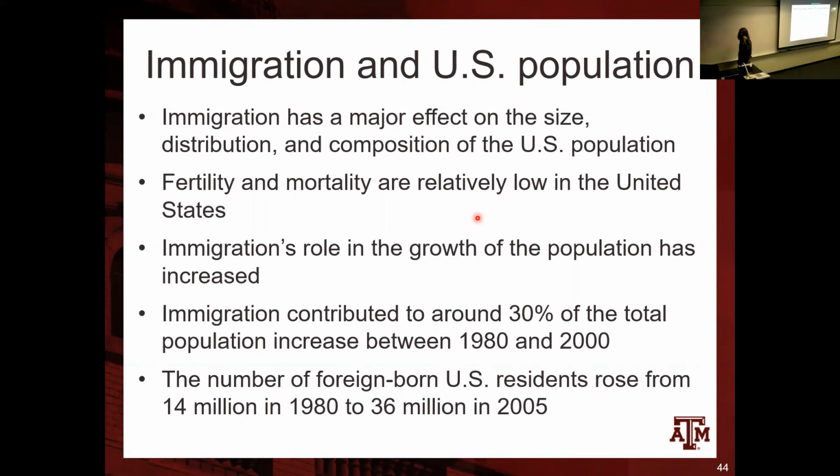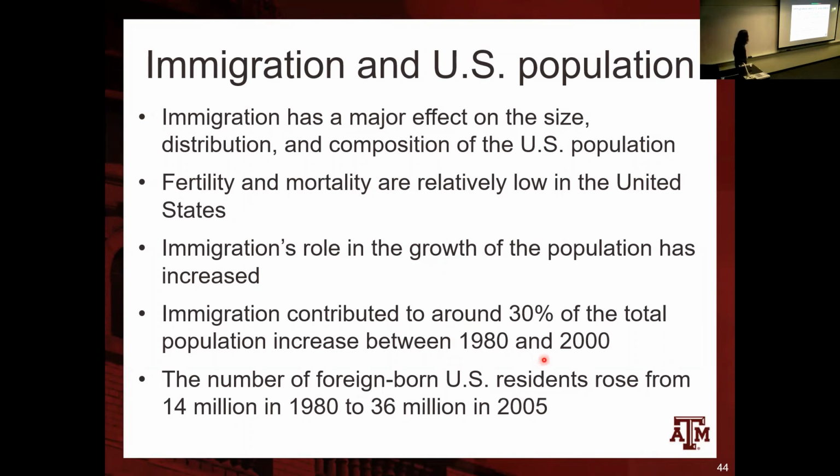Because immigrants usually tend to have higher fertility than US-born people, and that is not only the direct effect of them coming to the country, but also the indirect effect, that we talked about some classes ago, of their children in the US. So immigration contributed to around 30% of the total population increase between 1980 and 2000.